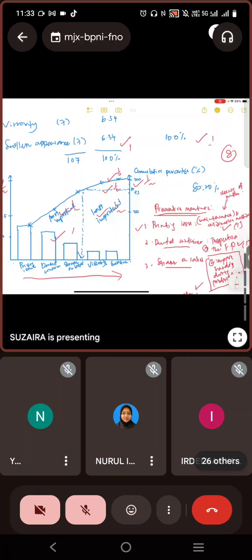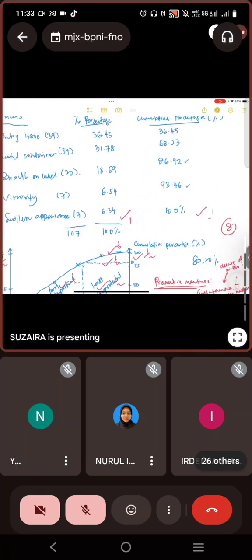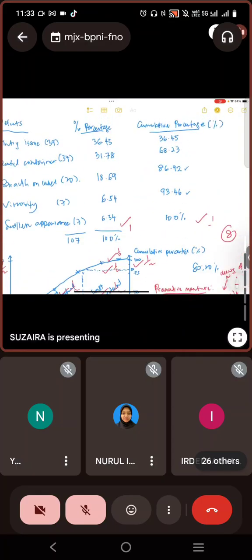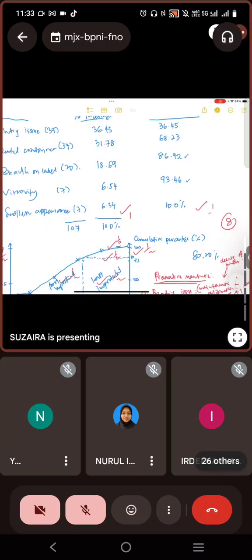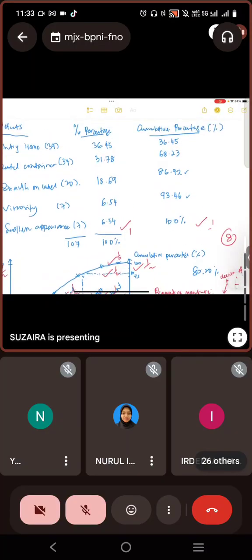Okay, clear? If you receive these kinds of questions, you have to make sure you calculate them well, because if you give a wrong answer for the percentage and the cumulative percentage, it will affect the rest.